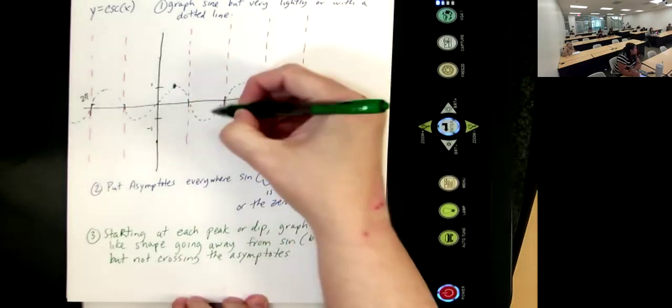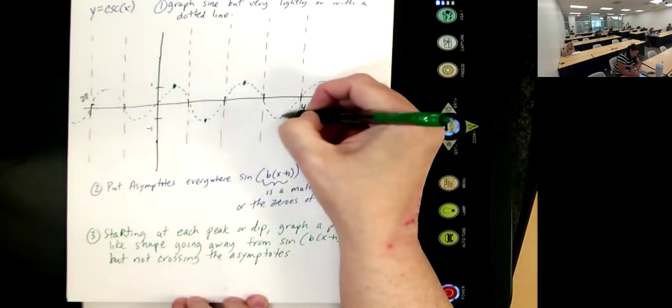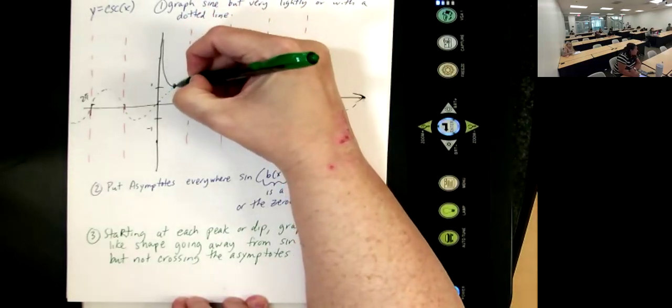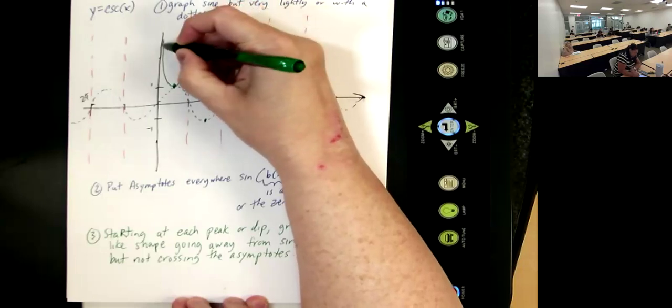So at each peak and dip, we're graphing away from it, keeping asymptotes in mind.